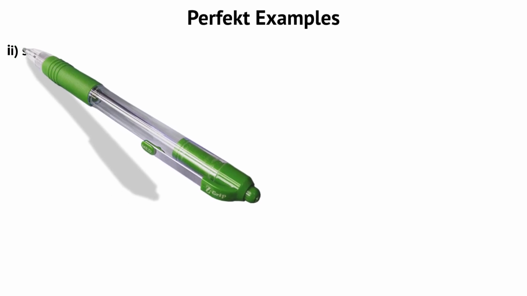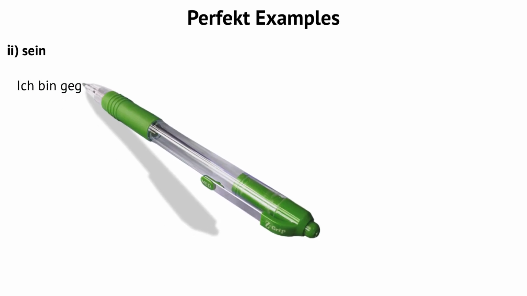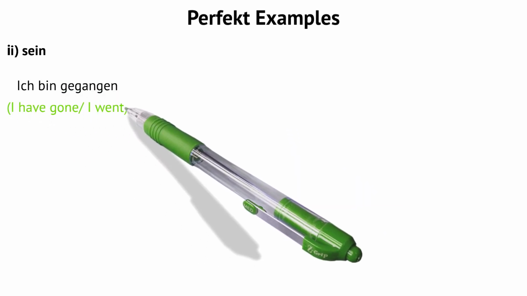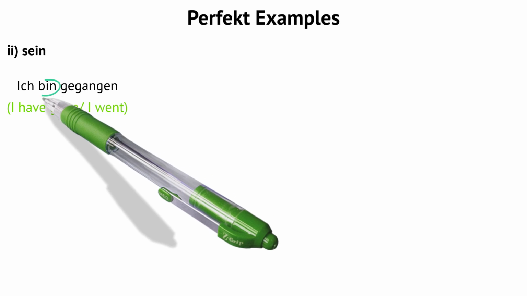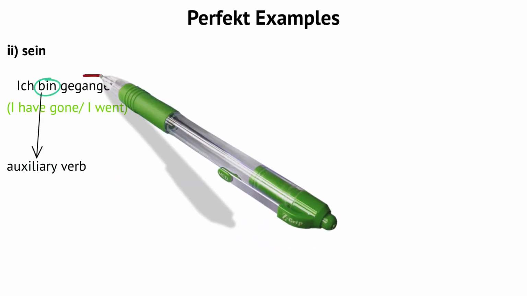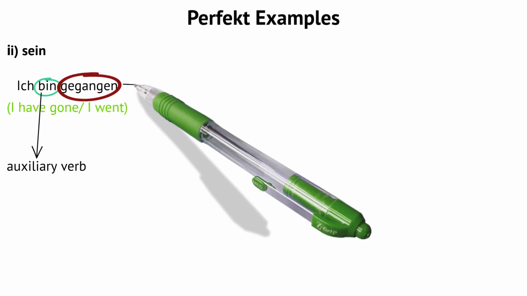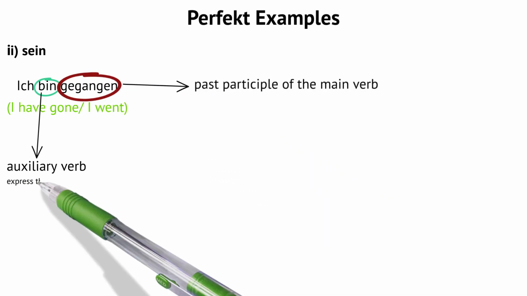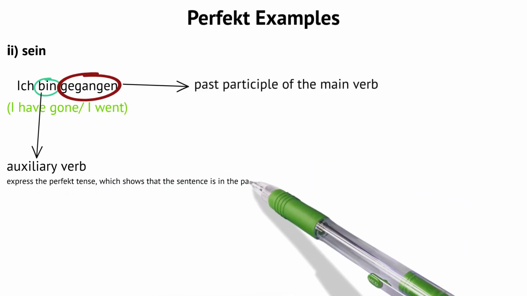We look at another example where the auxiliary verb sein is used to form the perfect tense. The sentence, Ich bin gegangen, translates to I have gone or I went. The purpose of the auxiliary verb sein is to assist the past participle of the main verb, gegangen, to express that the sentence is in the perfect tense.